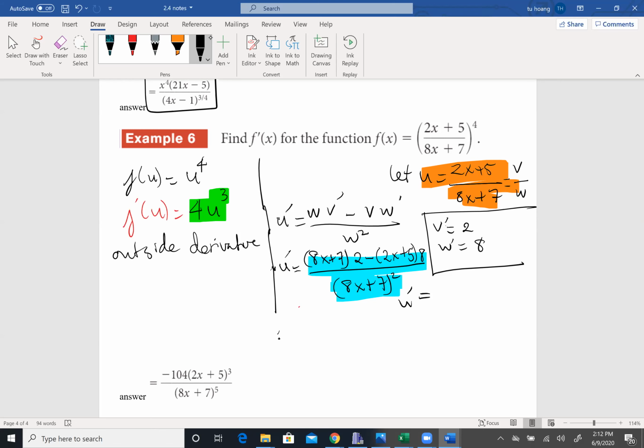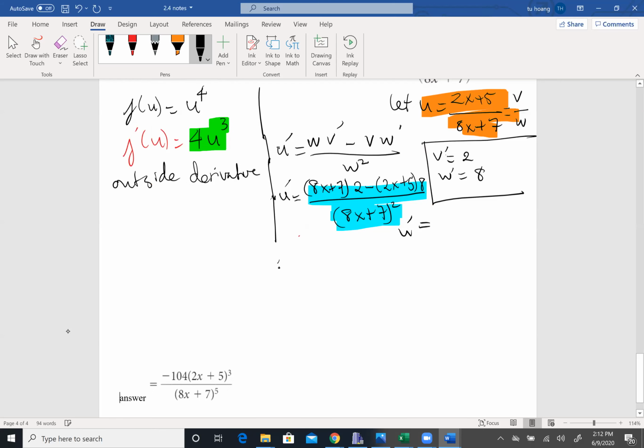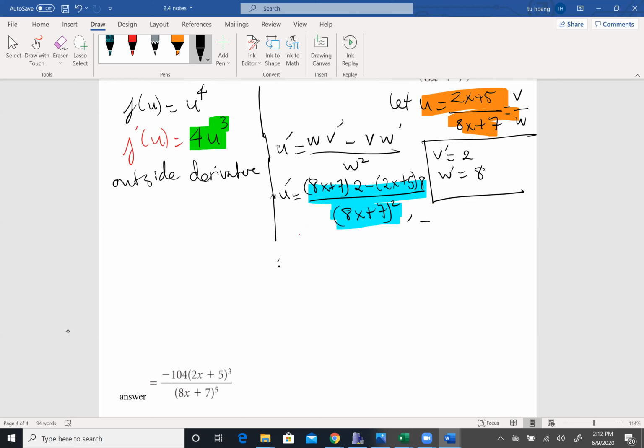So, sorry, let me move down and then do u prime equal to, so 8 times 2 is 16x plus 14, minus 2x times 8 is 16x, minus 8 times 5 is negative 40. So over 8x plus 7 squared.